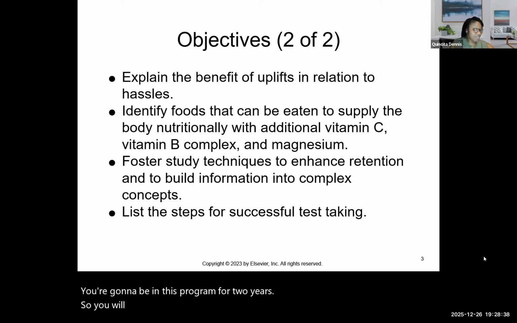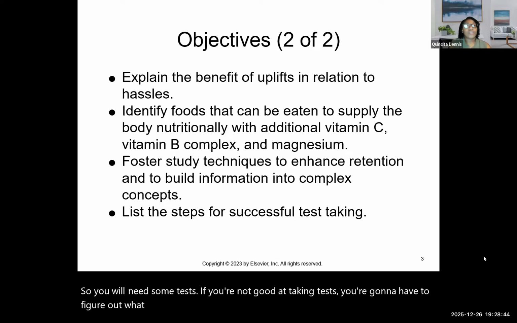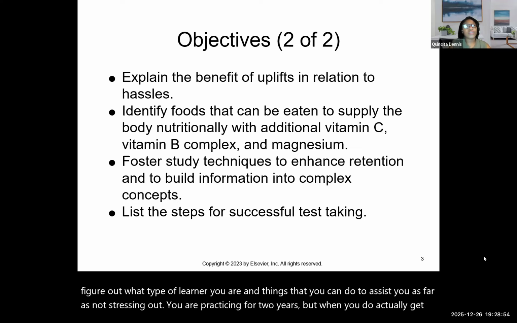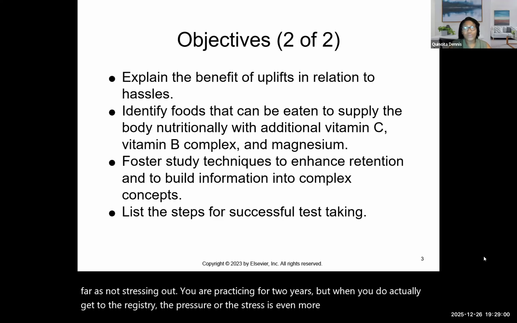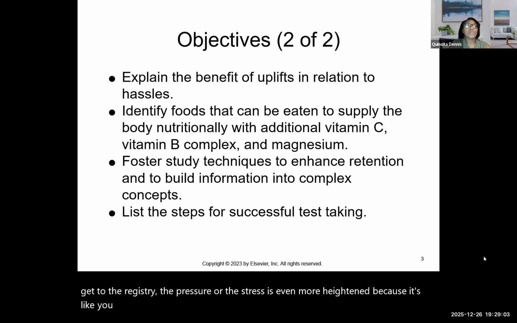If you're not good at taking tests, you're going to have to figure out what type of learner you are and things that you can do to assist you as far as not stressing out. You are practicing for 2 years, but when you do actually get to the registry, the pressure or the stress is even more heightened because you only get 3 opportunities to pass.